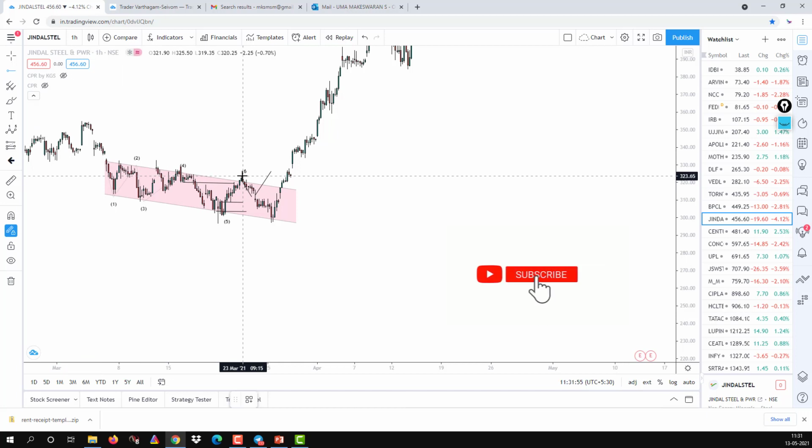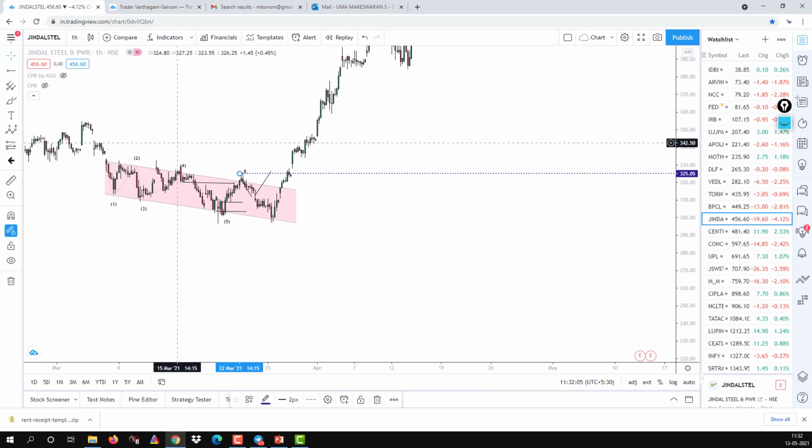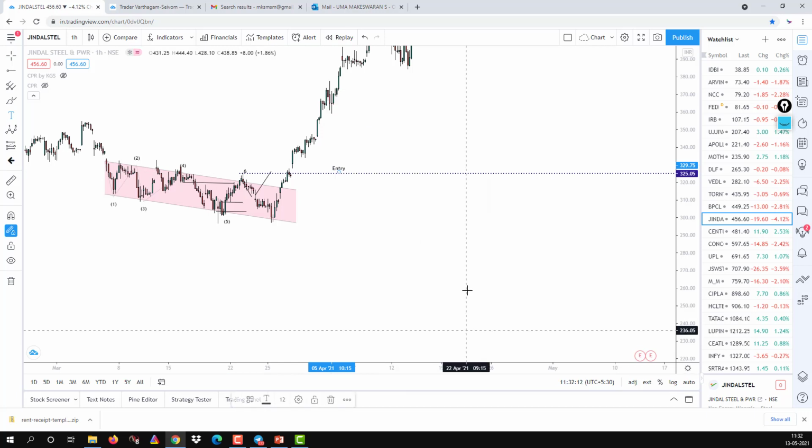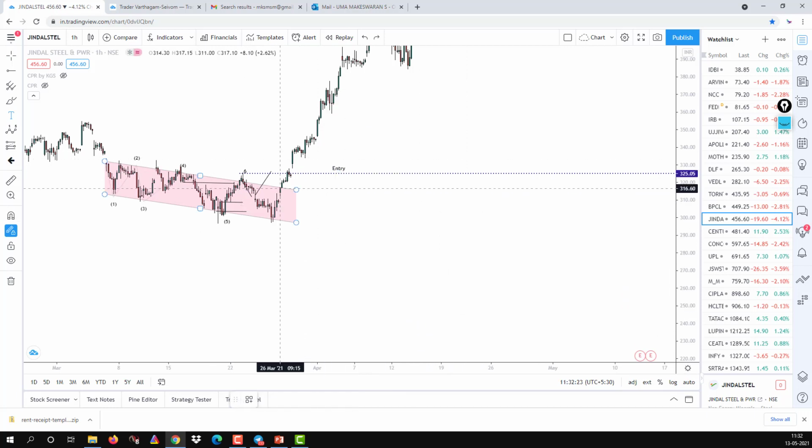So this is the entry point. See, this is the candle close. We can take the entry here. This is for entry. This is the stop loss.